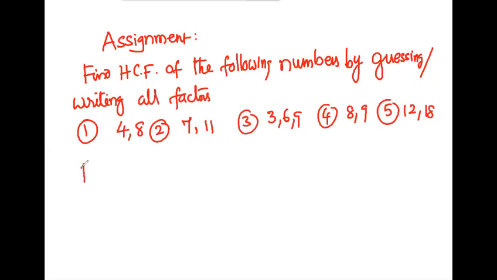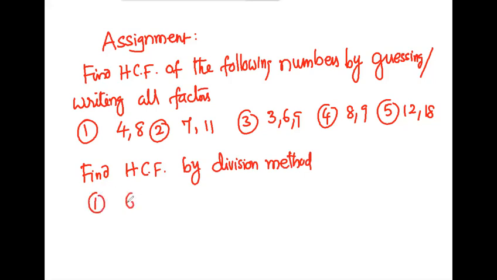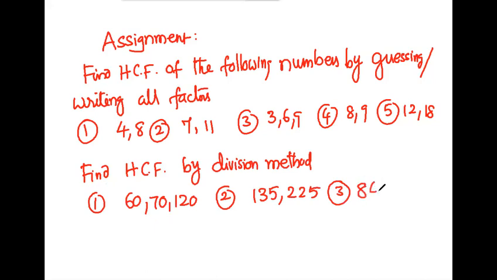Second part: find the HCF by the division method. First one: 60, 70, 120. Second one: 135, 225. Third one: 84, 126, 210.